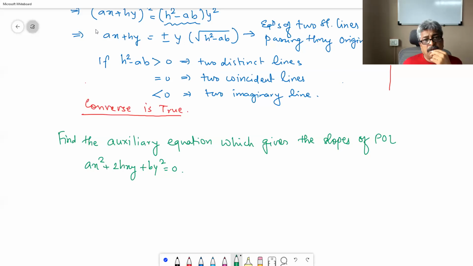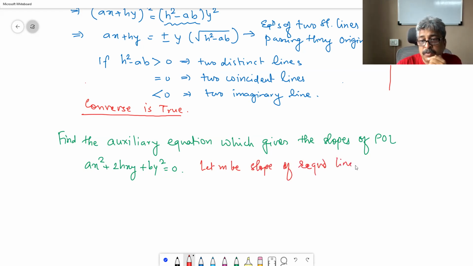So just let m be the required line's slope. m is equal to y by x because the line is passing through origin.